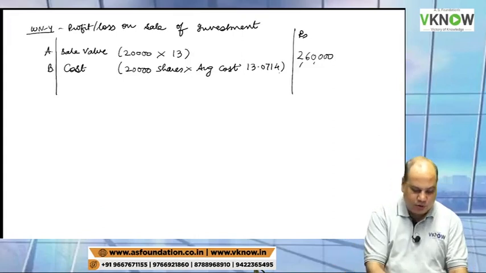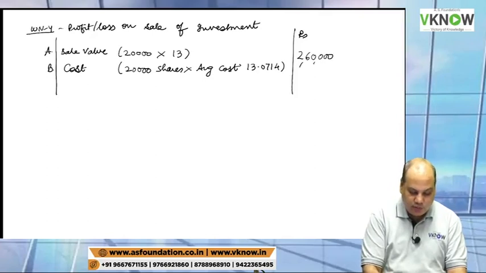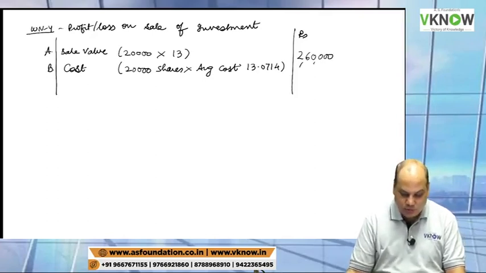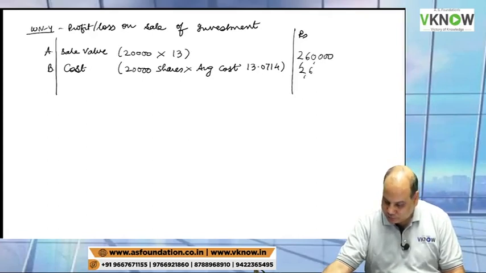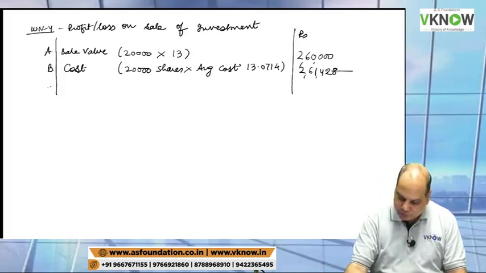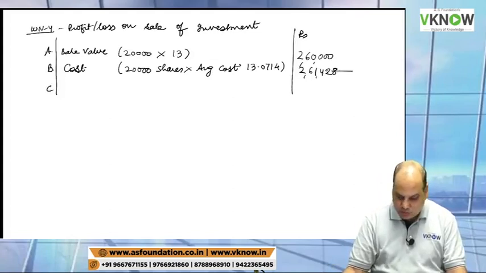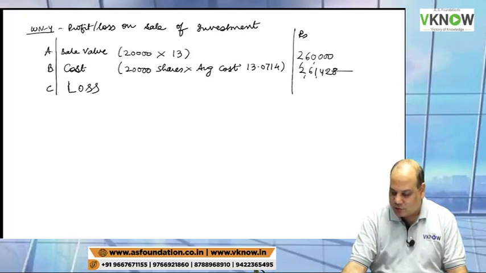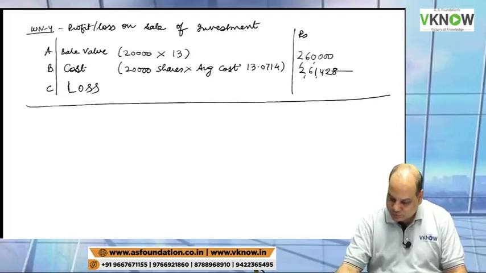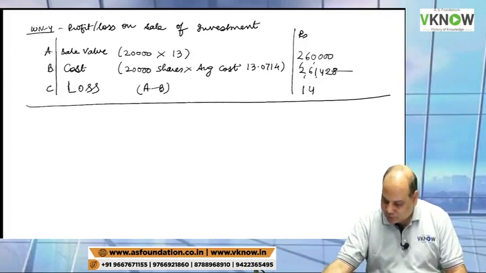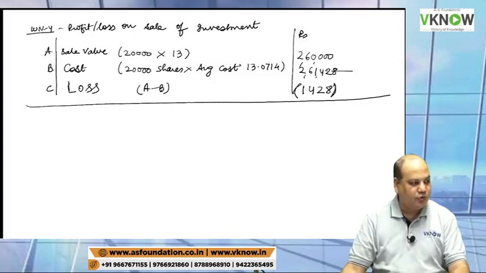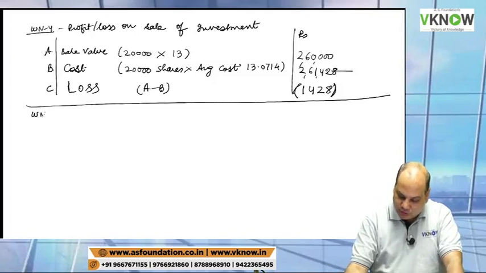Multiply. 2,61,428. Oh, there is a loss. A minus B is negative. 1,428 loss.